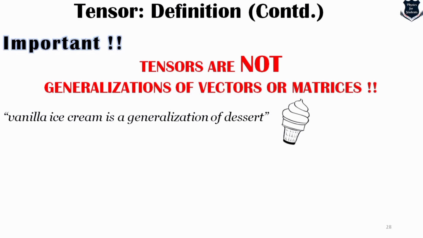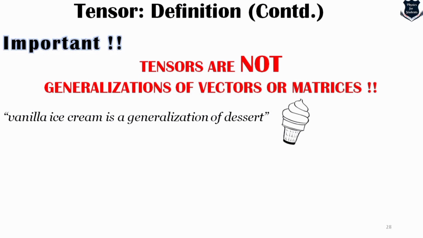It is slightly more understandable to say that tensors are generalizations of matrices, in the same way that it is slightly more accurate to say vanilla ice cream is a generalization of chocolate ice cream than it is to say that vanilla ice cream is a generalization of dessert. Closer, but still false. Vanilla and chocolate are both ice creams, but chocolate ice cream is not a type of vanilla ice cream, and dessert certainly isn't a type of vanilla ice cream.